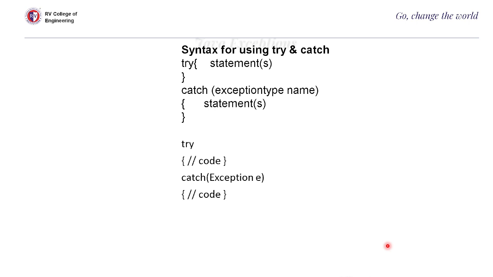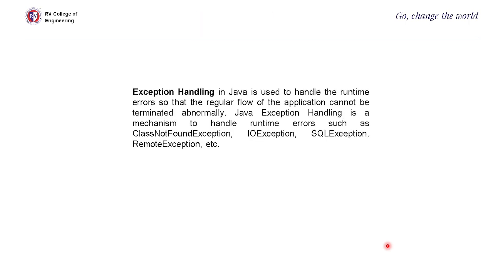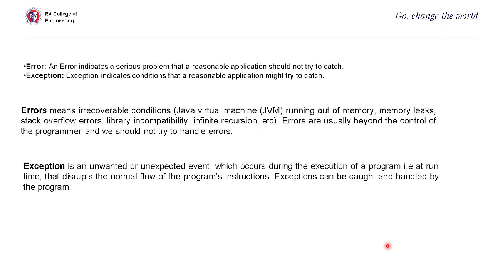So next one is exception handling. It will handle runtime exceptions. There are 2 things in the exception hierarchy: one is error, another one is exception. What do you mean by error?